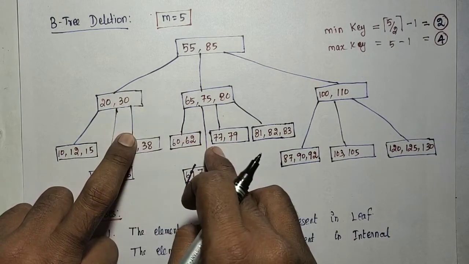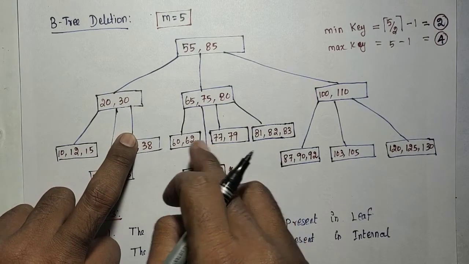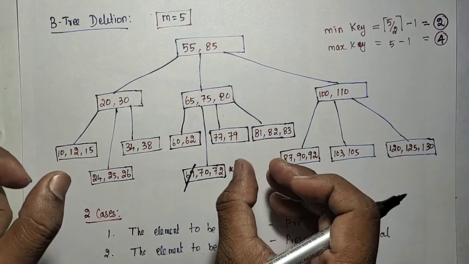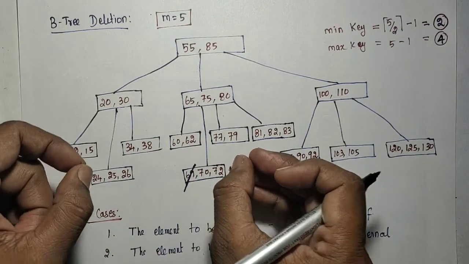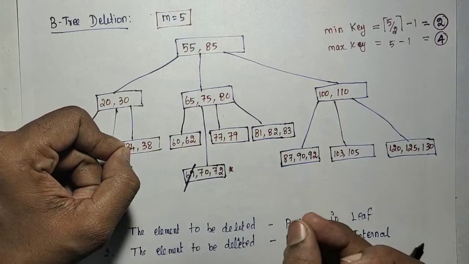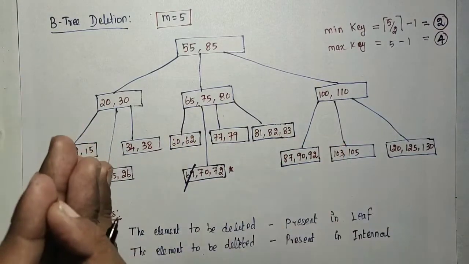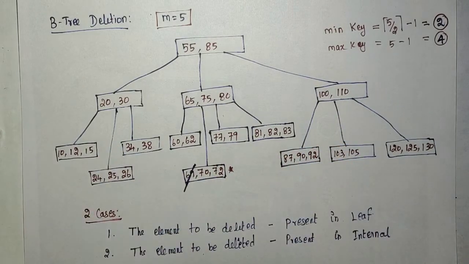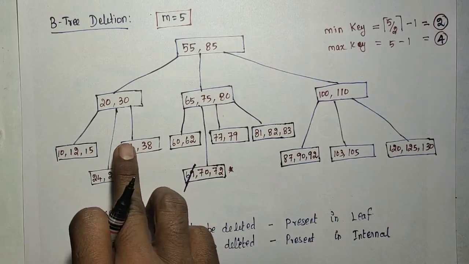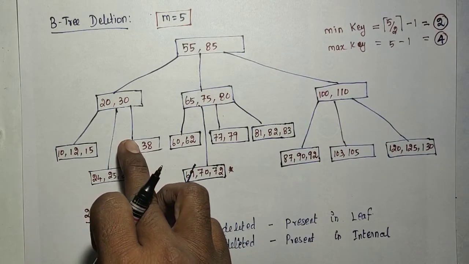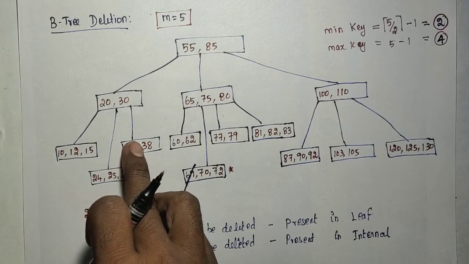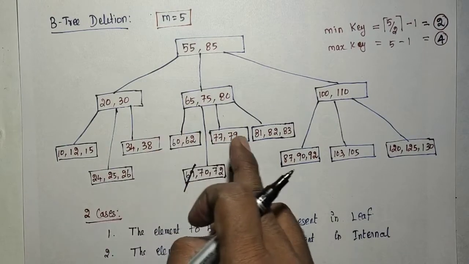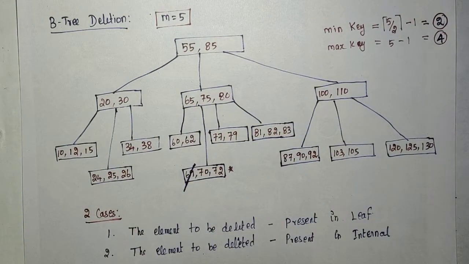If the left sibling and right sibling do not have enough keys to give, in the third case we have to try merging. That is the third case. So when a leaf node goes underflow, we need to try to borrow one element from the left or right, or else merge. There are three cases.